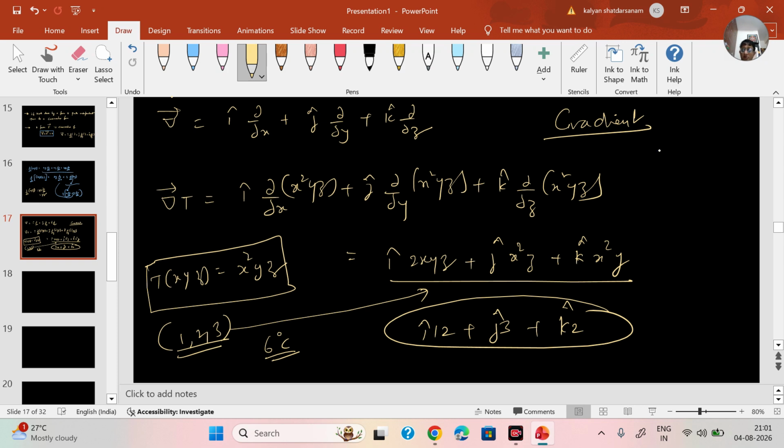So del T is also called grad T. Some people write it like this, or gradient of T. Gradient is some kind of slope. In this case, it's a 3D slope. 3D slope means in which direction you have to move so that the change is maximum. Okay, that is del T. We will use the gradient of a scalar in our course soon.